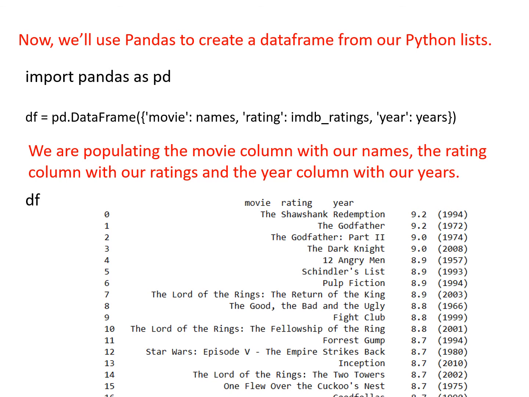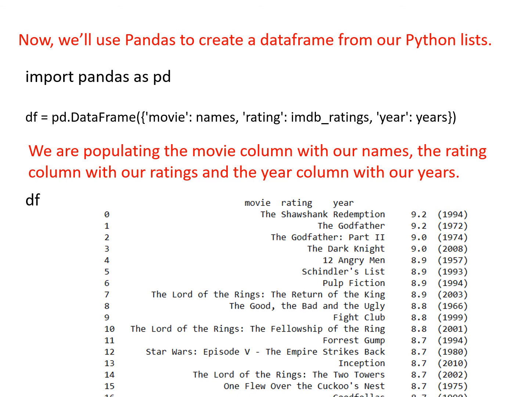So anyway, there is one problem though. We see that those years are in parentheses, and that's because they were in parentheses in the HTML. We probably don't want that, because we'd like those years to be looked at as numbers, and if there's parentheses in there, we can't look at them as numbers.